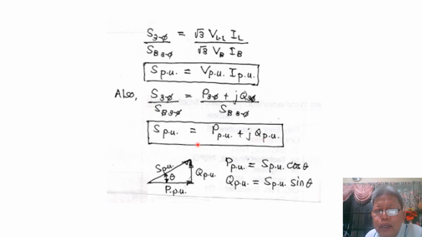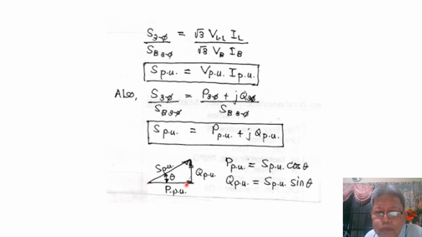So this will be another expression for our apparent power in terms of its components, the real power per unit and the reactive power per unit.